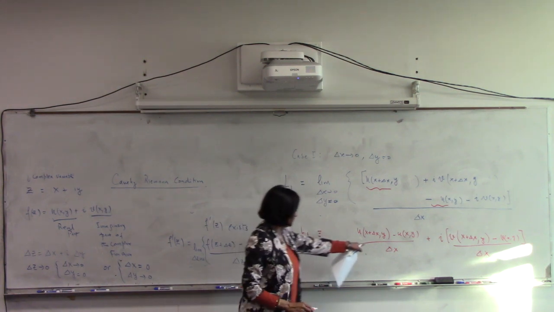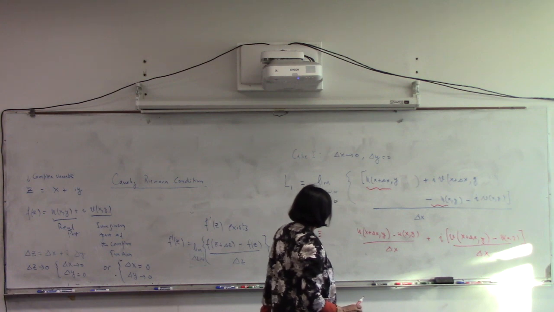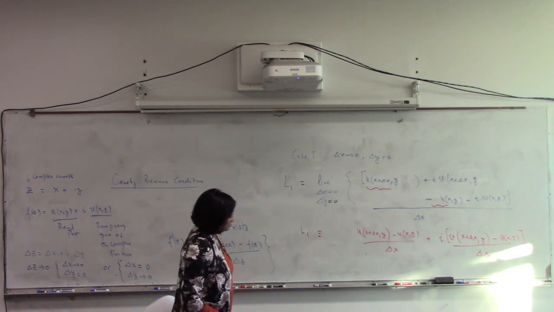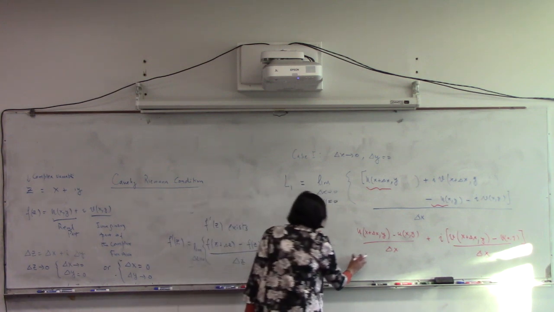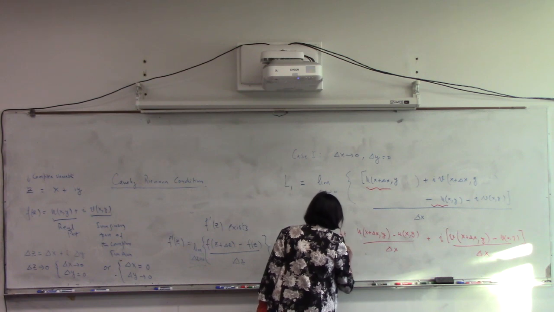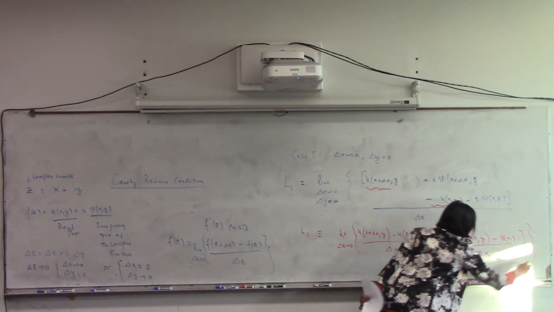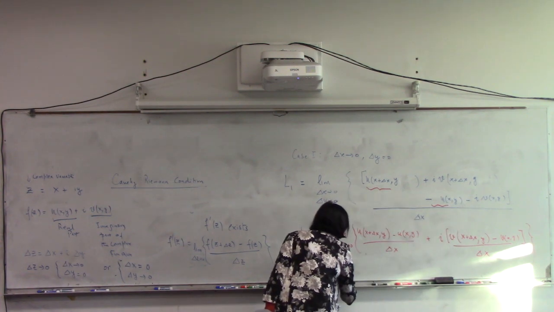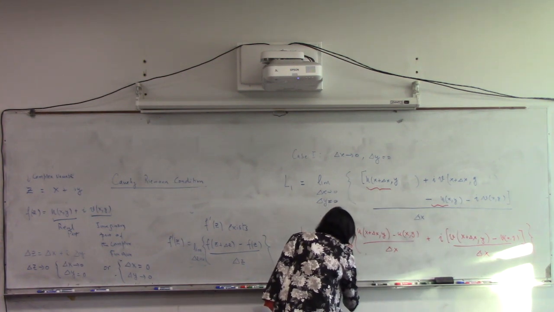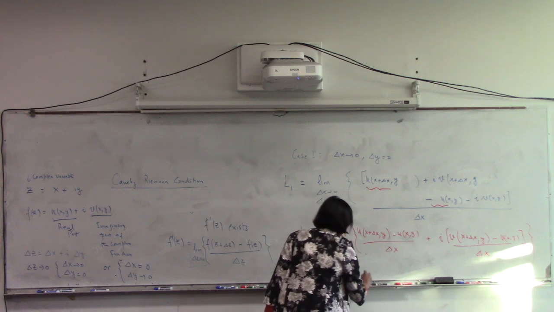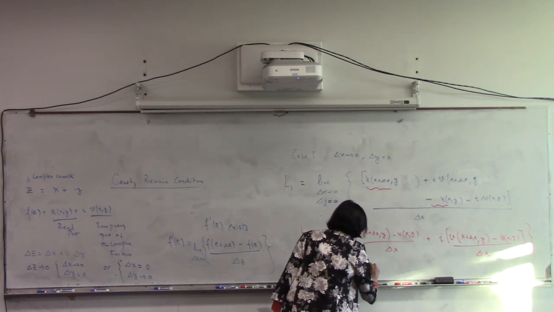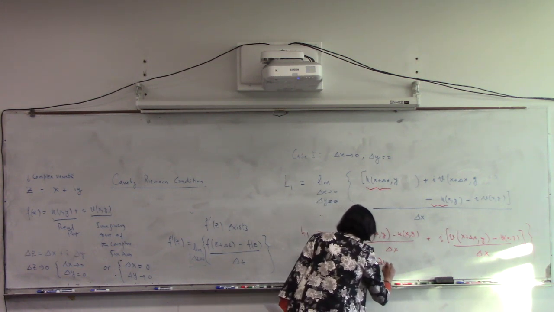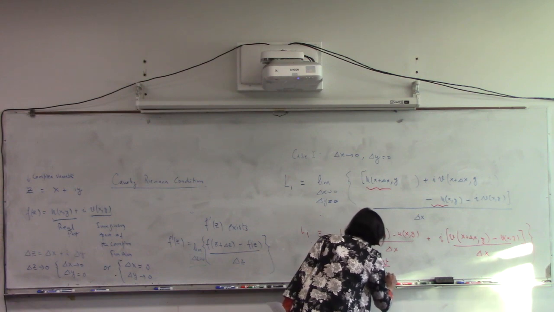What is this? It's the partial u with respect to x. In the limit, now delta x tending to 0, we still have that. So the first term is partial u with respect to x, and what's the second term? i partial v with respect to x, okay?